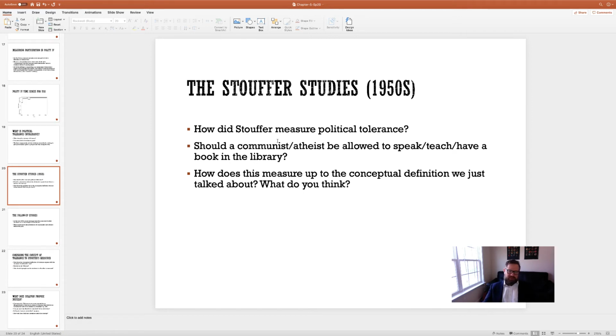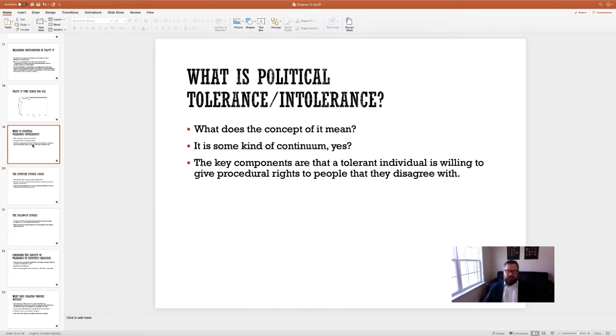Now you can see what one of the fundamental problems with this is, right? In terms of validity. So if we're thinking about whether this is a valid measure of tolerance, we have to consider whether it actually measures the extent to which someone who you disagree with is being granted procedural rights.